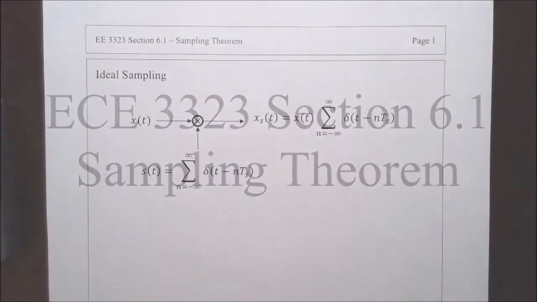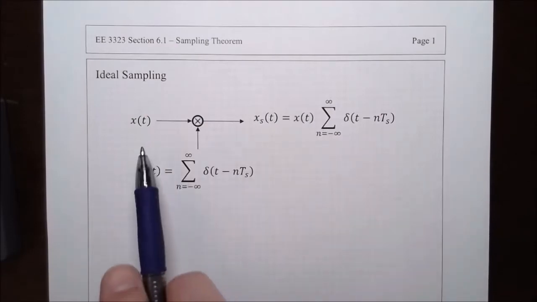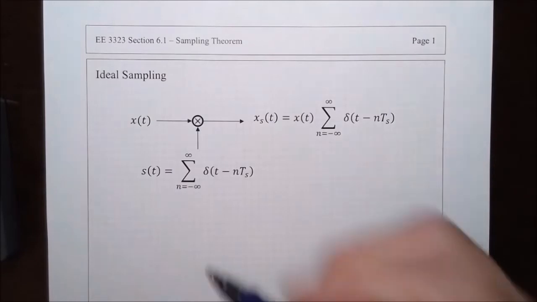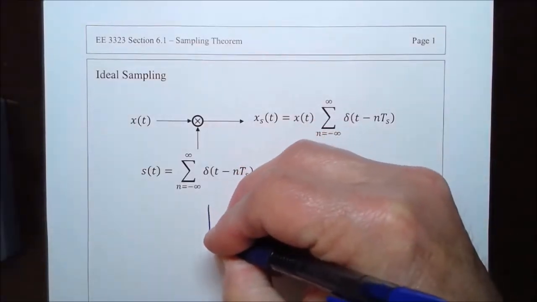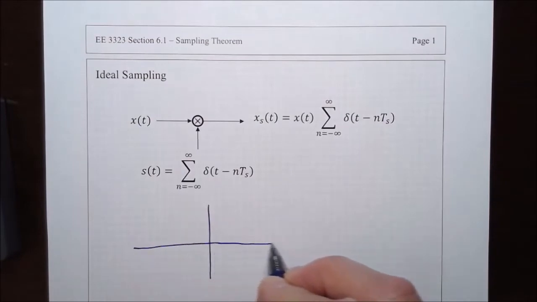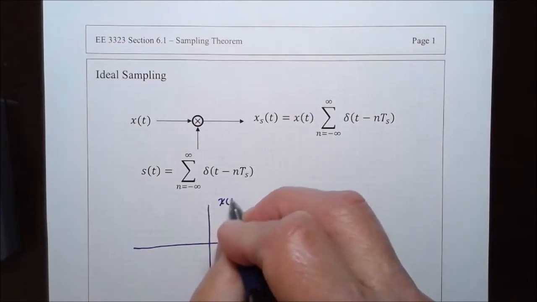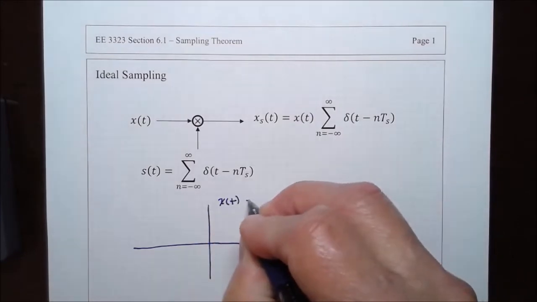Now let's consider sampling a continuous signal. For this system, x of t is a continuous message signal. I'll sketch a function of time. This is the message signal.